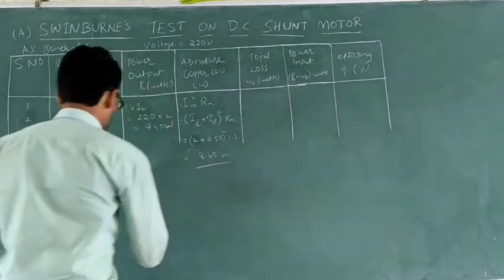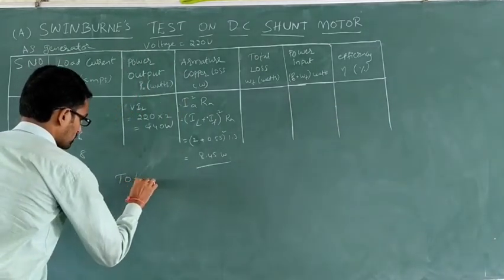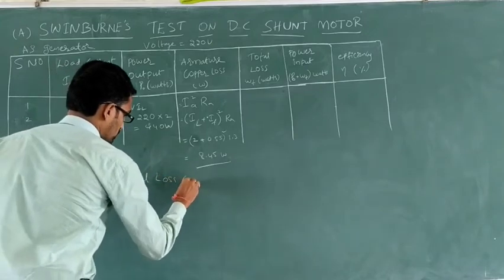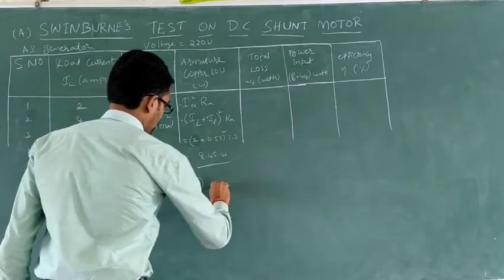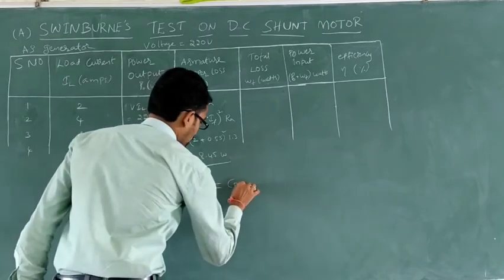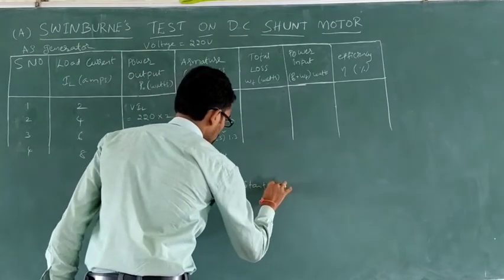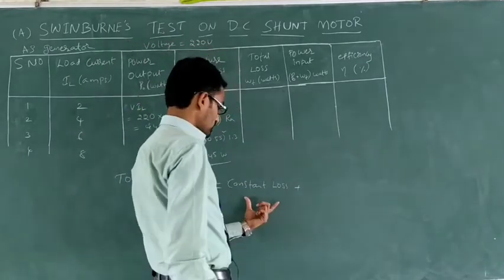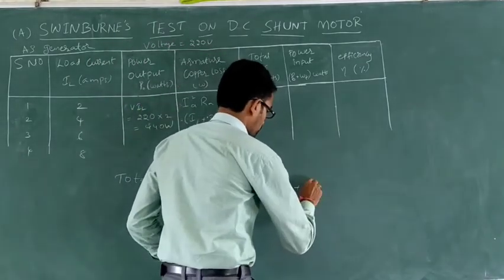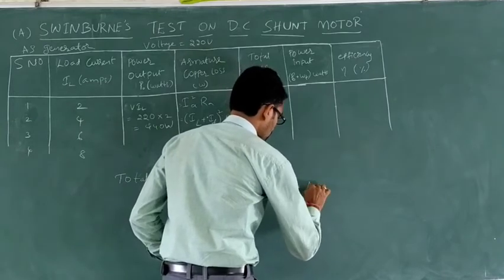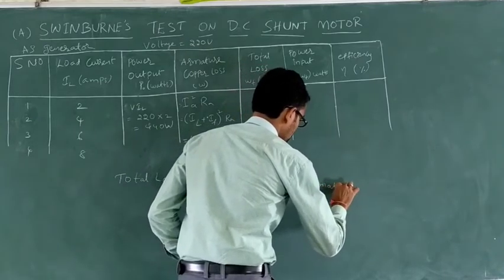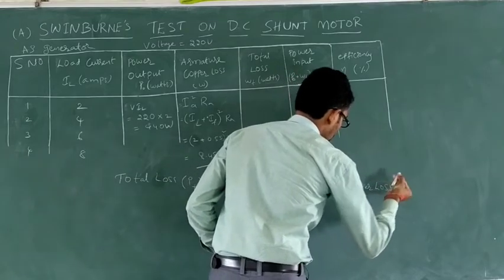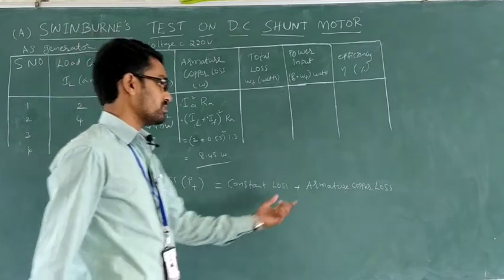So total loss, that is PT, is equal to the constant loss plus the variable loss, that is the armature copper loss.